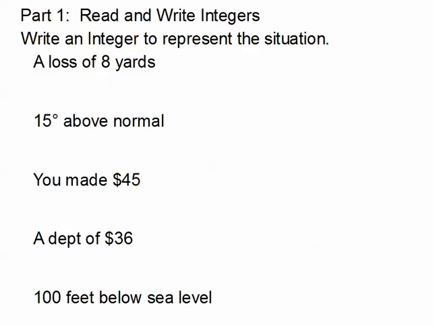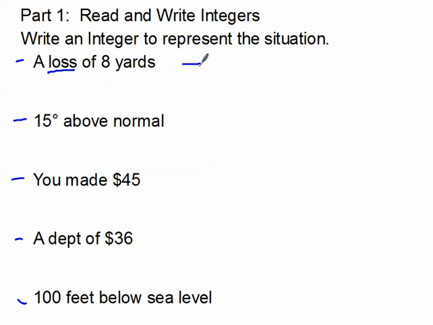So let's look at reading and writing integers. On each of these situations here, we want to write an integer that represents that situation. For example, in this first one it says a loss of 8 yards. Well, the word loss refers to negative, refers to minus.